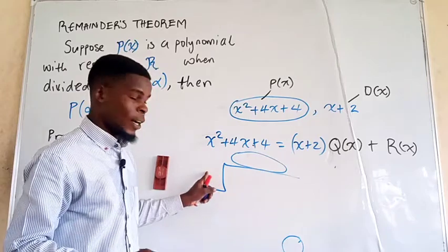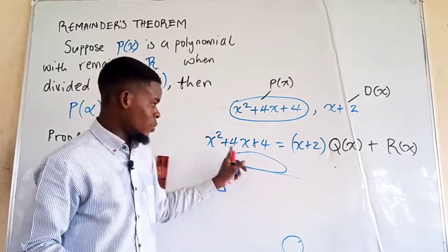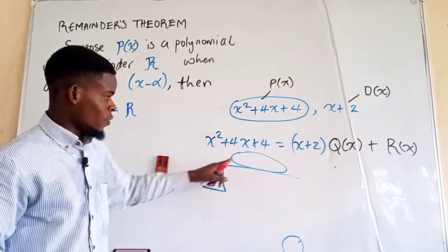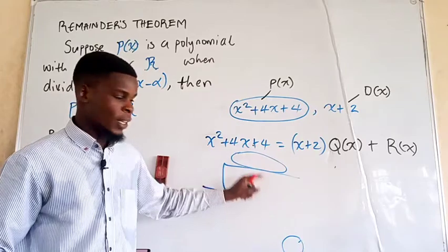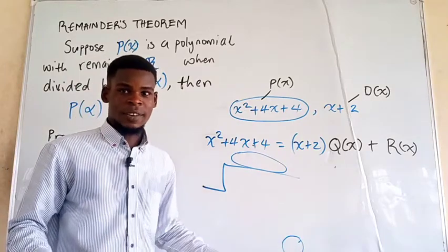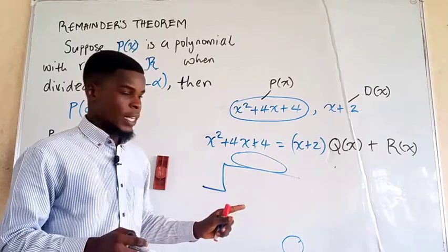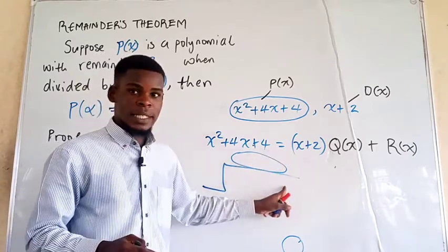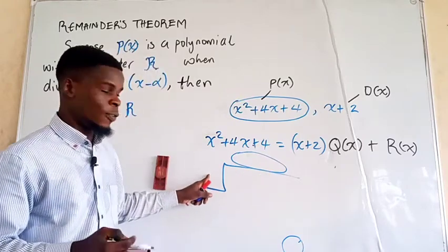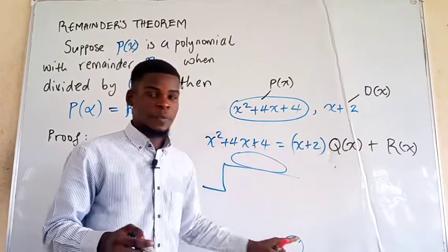Then this is a divisor, and this is the dividend. So this is the main polynomial. You put it in here, put your divisor here, this one. And when you divide, you have some result here, and you have a remainder down here, all right? Something like that. So what we're going to play around with here is that we can write this polynomial by saying the polynomial is the same thing as the divisor times the quotient plus the remainder.